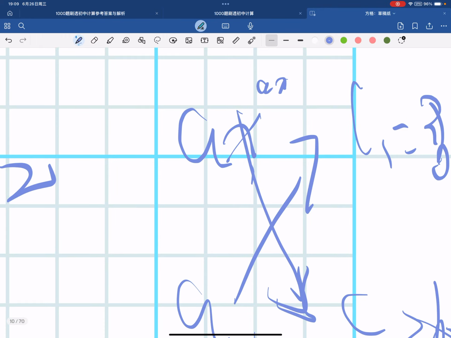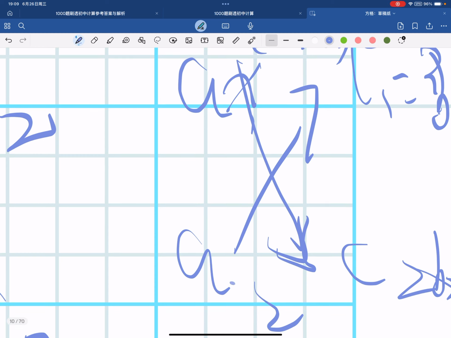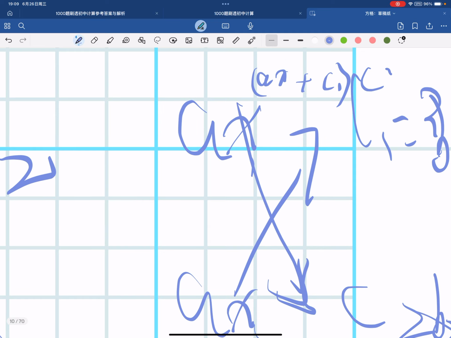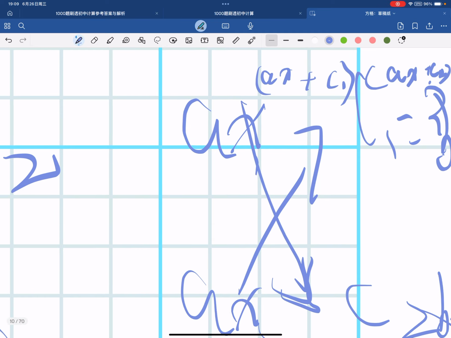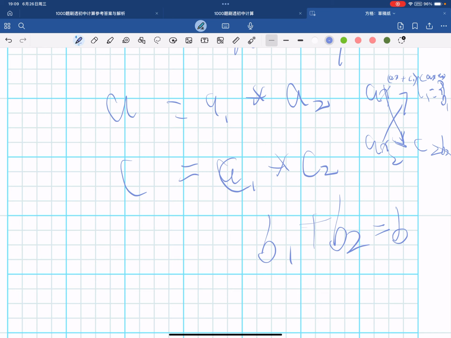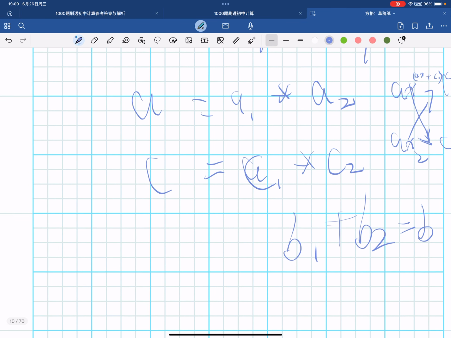If it's a negative number, then we minus C1. If it's a positive number, we add C1. So the correct answer is actually (A1x plus C1) times (A2x plus C2). Yeah, it's as easy as this.